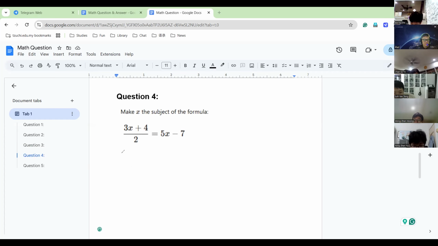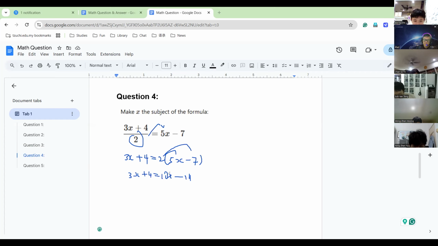To answer this question, I'll move divide by 2 to this side first, will become 3x plus 4 equals to 2 in brackets 5x minus 7. Then times 2 inside will become 3x plus 4 equals to 10x minus 14.